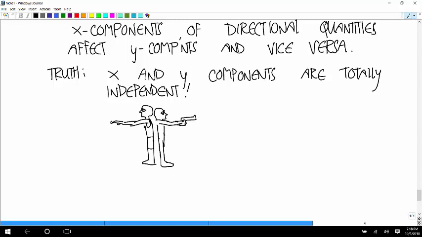So this guy just drops his bullet and this guy fires his bullet. It has to be horizontal though, so let me do that. Which of those bullets hits the ground first?